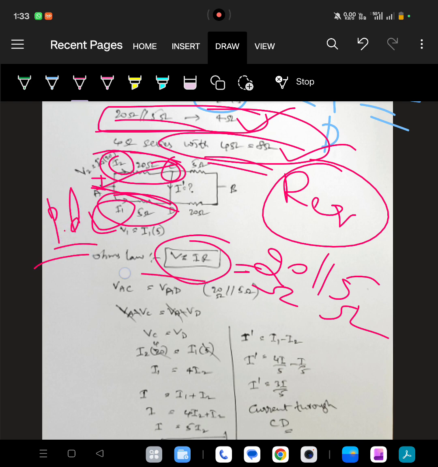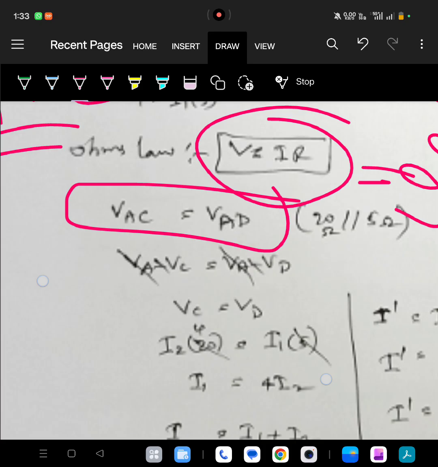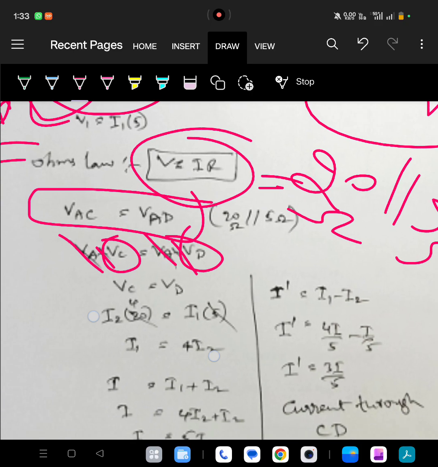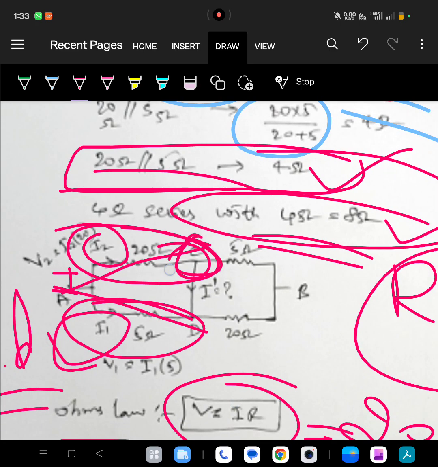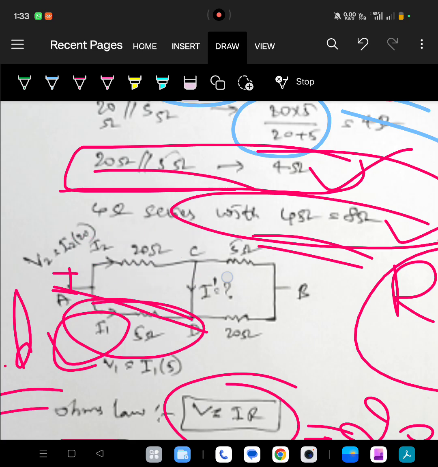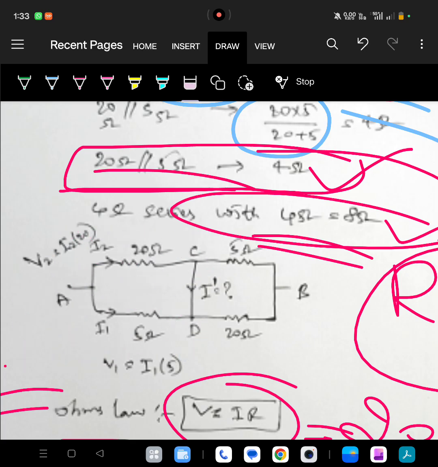So that's why I have equated VAC equal to VAD. So VA minus VC is equal to VA minus VD. VA cancels, minus cancels. VC is equal to VD, we got. What is the resistance at point C? 20 ohms.